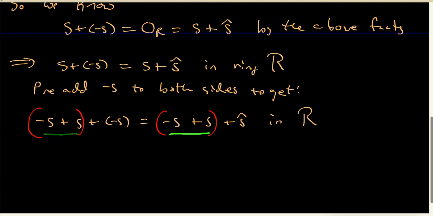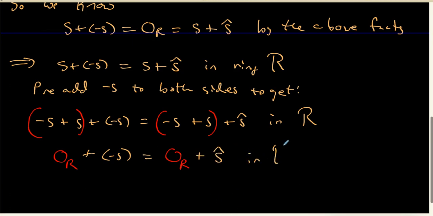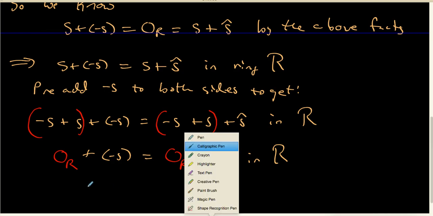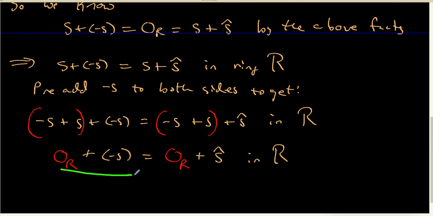In other words, minus s plus s is just 0_R. So we get this equation inside our ring R. But 0_R is the additive identity inside ring R, so this side here is just minus s, and this side here is just s hat.